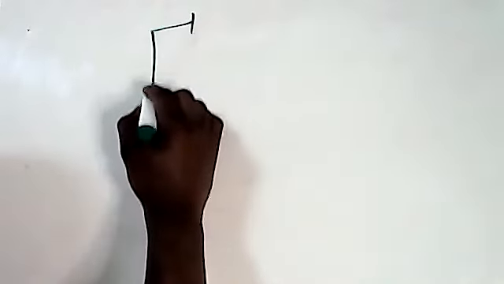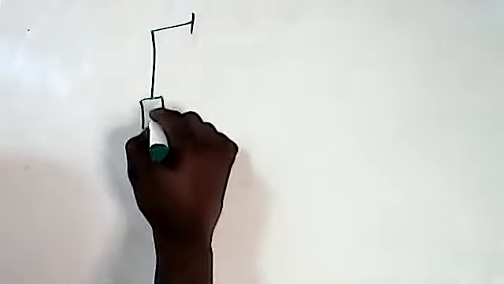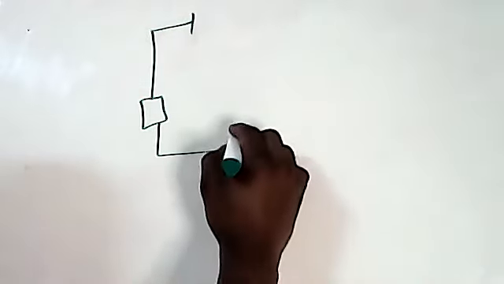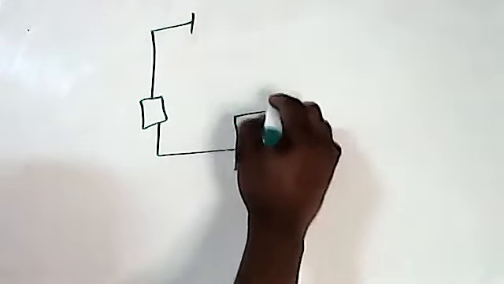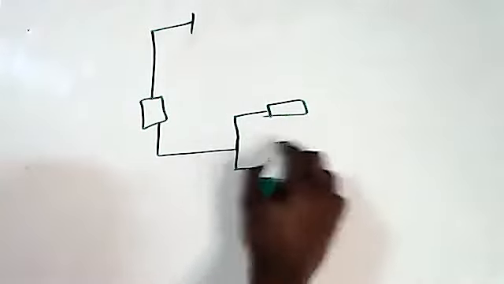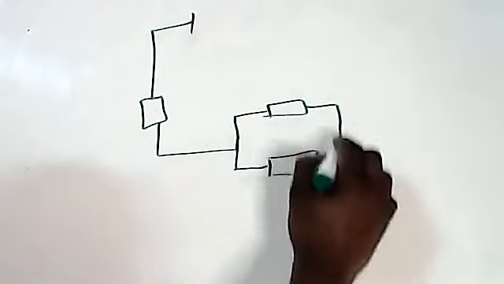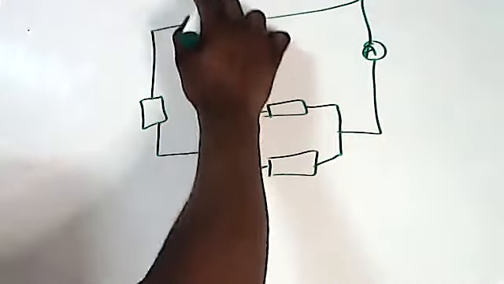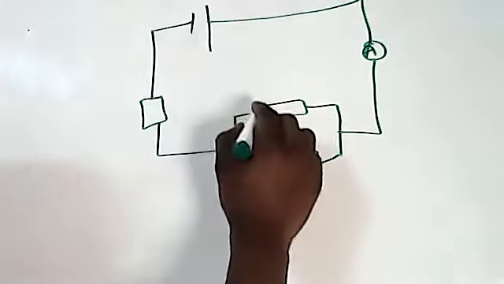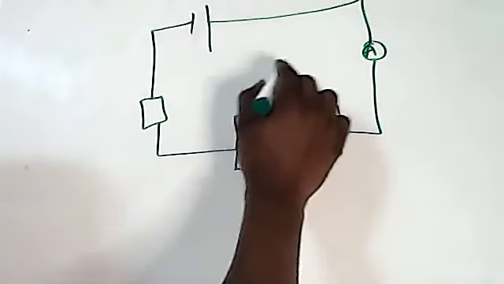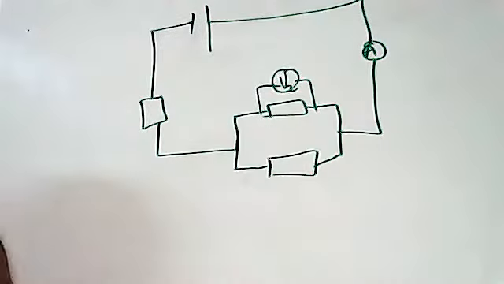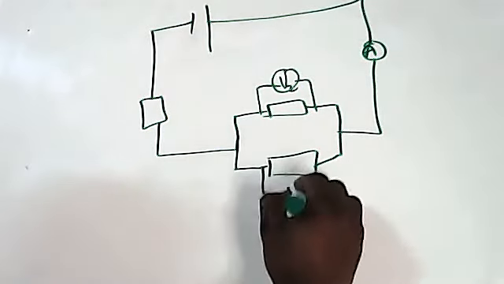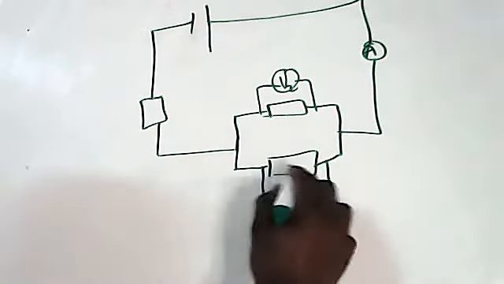So let's assume that they give you a circuit, and the circuit is something like this, right? Let's say we have the first resistance there, another resistance there, and another resistance here, something like that. Then let's say we have our ammeters, and we have voltage here, V2, let's call it V2, and let's call this one here V3, right?